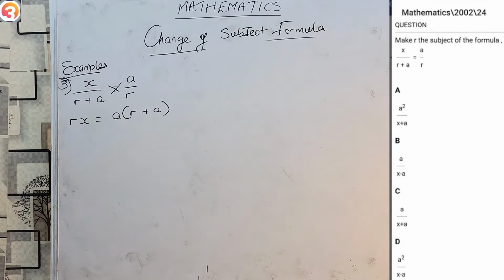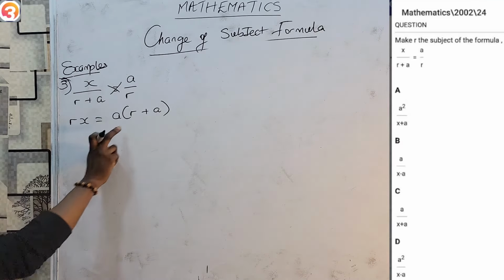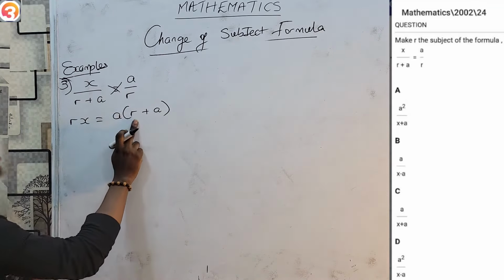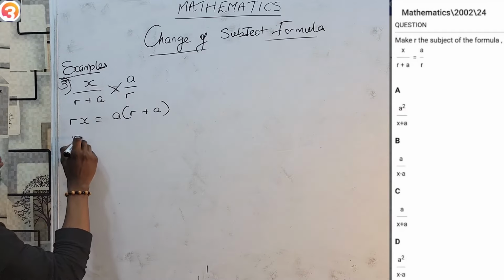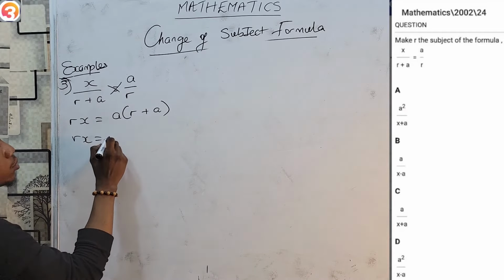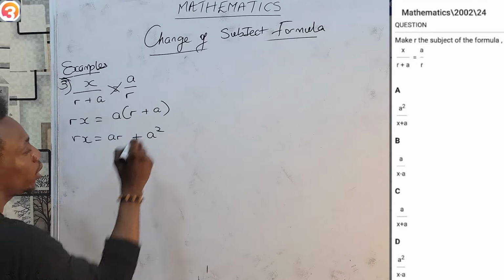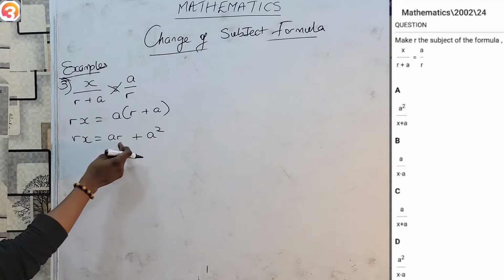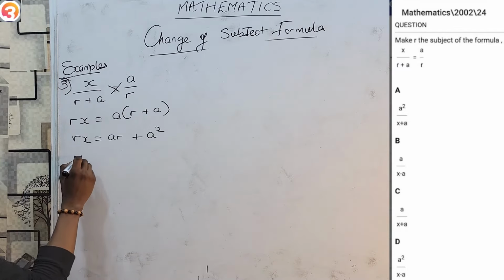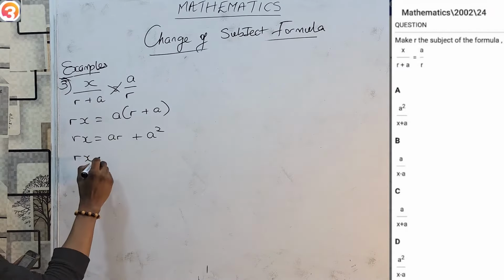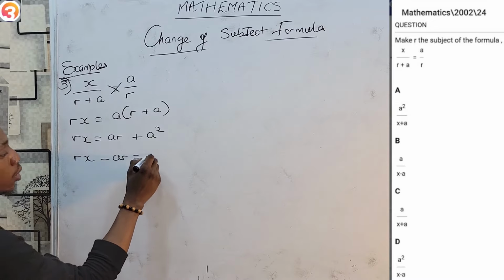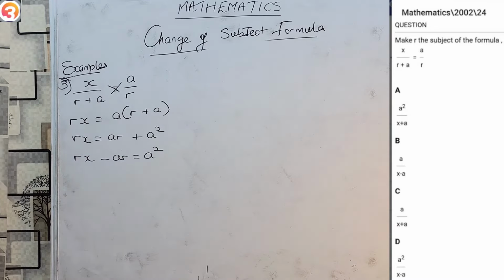Now, I want to make r subject of formula. In fact, all my r's should be in the same place. I have this one here already, but there's one r here still playing. So I have to bring him to the left. rx becomes a times r, a times a, a squared. So now this r can come to the left because rx, ar comes here, minus ar equals a squared.